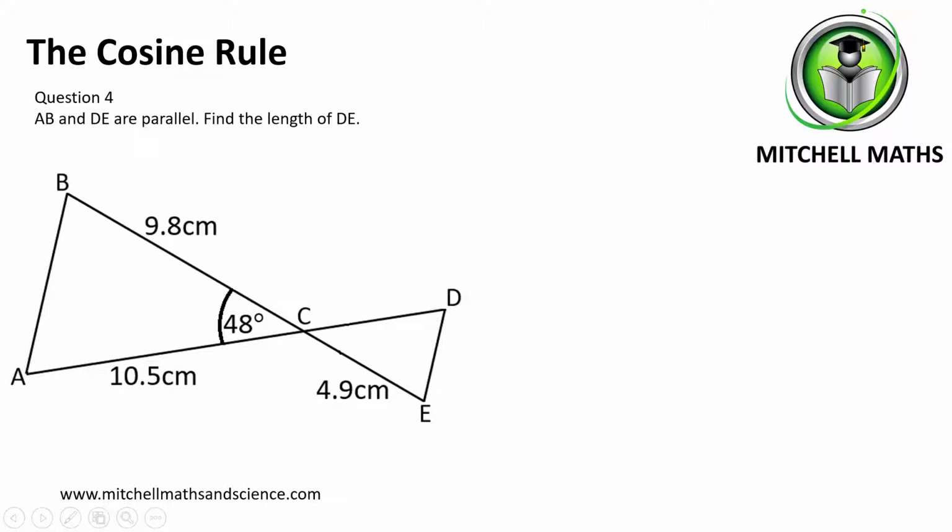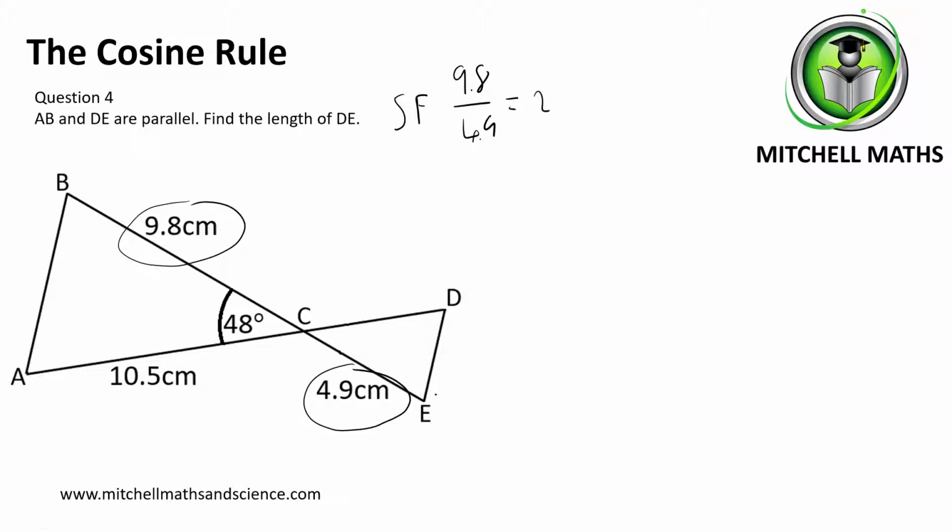When we're dealing with similar shapes, we need to find the scale factor. We know that this side is proportional to this side here. So to find the scale factor, we're going to do 9.8 divided by 4.9, which is equal to 2, which we're going to need later on in the question.